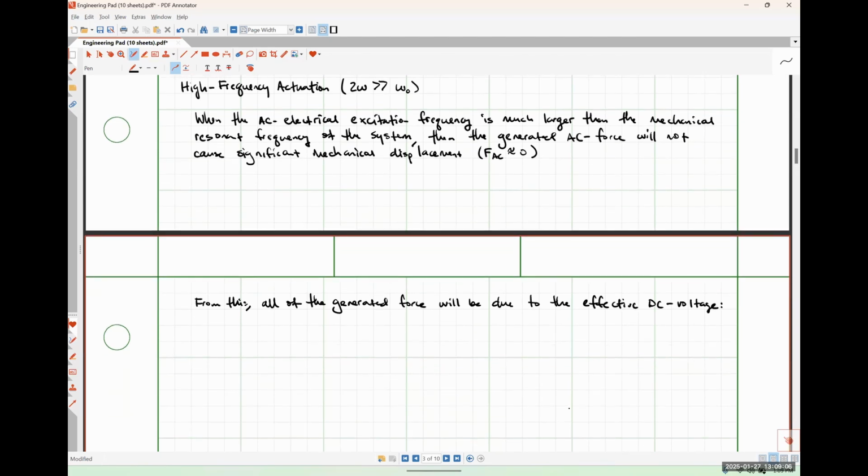So essentially, what we have is our electrostatic force will be essentially all the DC force, which hopefully you recall is going to be 1/2 times the derivative of our capacitance with respect to displacement times V_DC squared plus 1/2 V naught squared.